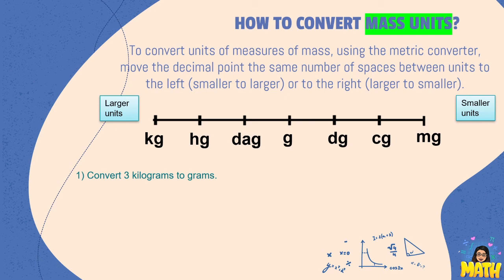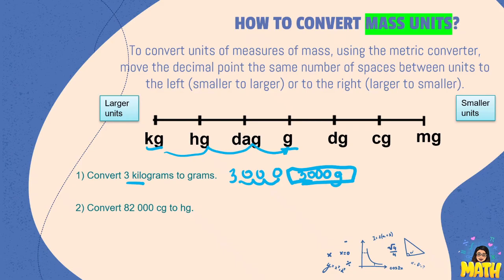So let's have an example. Convert 3 kilograms to grams. So that is kilograms to grams, 3 spaces to the right. So that is 3000 grams. Next, convert 82,000 centigrams to hectograms.